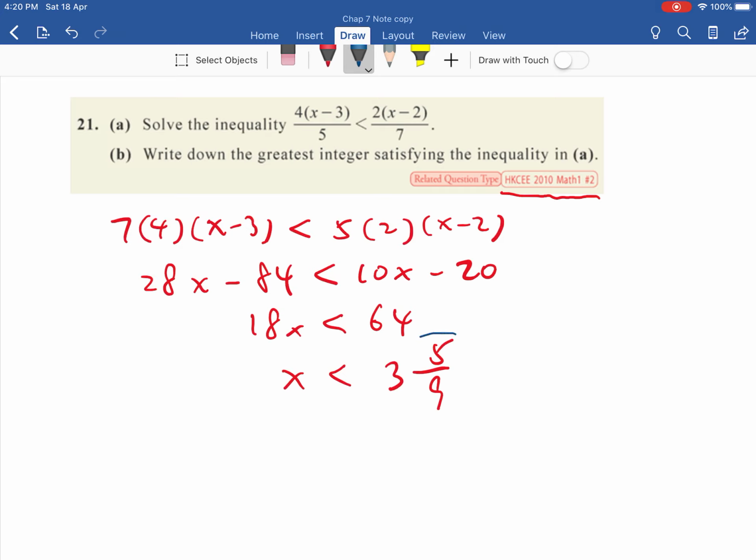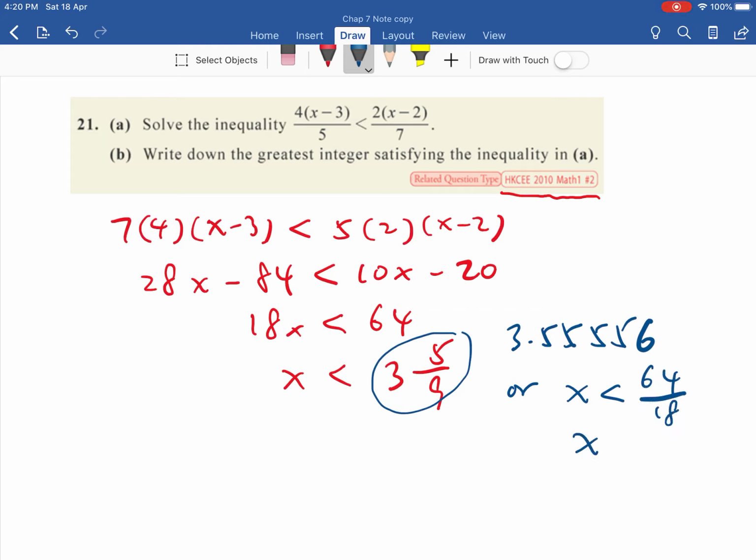You see that I do not write this as 3.5555 or round it, because it is not exact. So I try to write it like this. This is the exact value. Or I can write x is less than 64 over 18, that is, x is less than, divided by 2, 32 over 9.